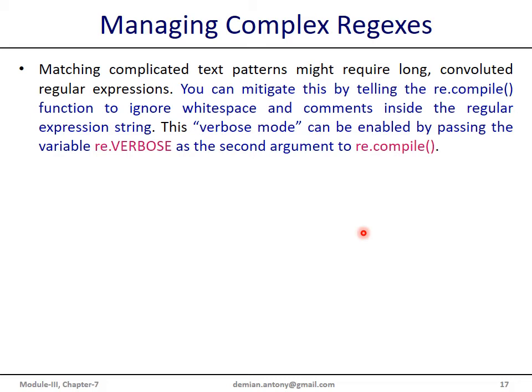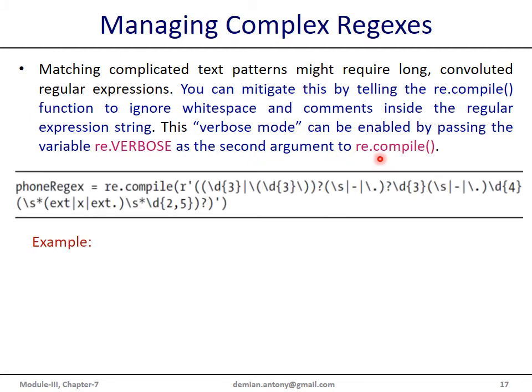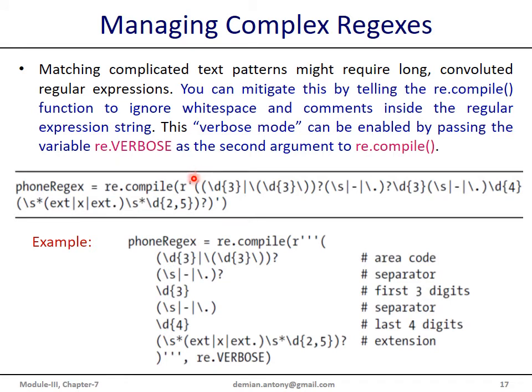What we have to do is use the verbose mode, that is enabled by passing re.VERBOSE as a second argument to re.compile. Let us say we have this complex regular expression in a single line. We can split this regular expression for better understanding and readability by using this verbose option.